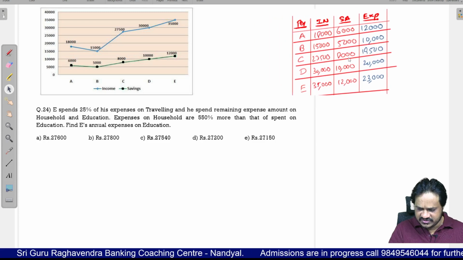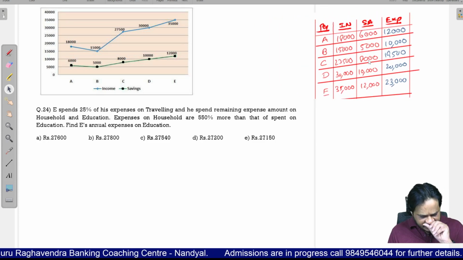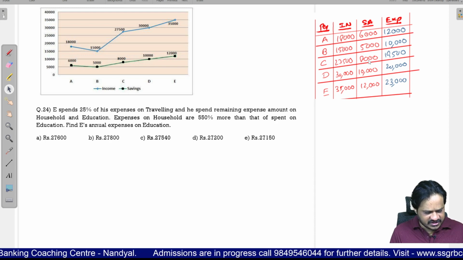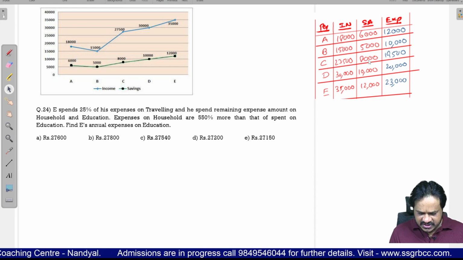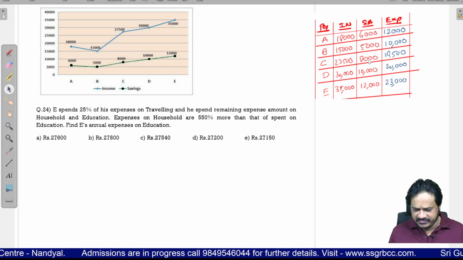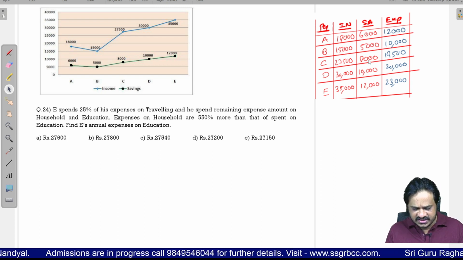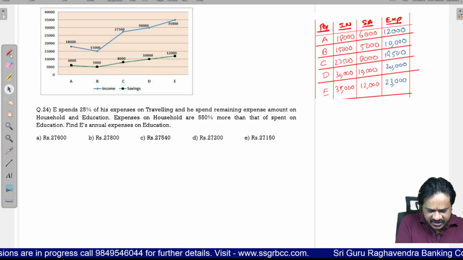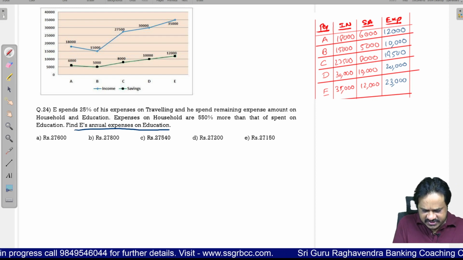Let us see the next question. He spent 25% of his expense on traveling and he spent the remaining expense on household and education. Expense on household is 550% more than that of education. You have to find E annual expense on education.